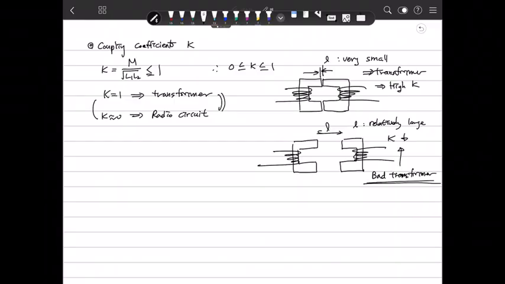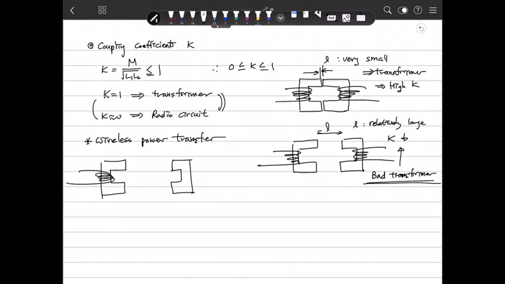But what is wireless power transfer? In the wireless power case, they make a huge gap between the cores, with primary and secondary windings, and they add capacitors in this manner. It could be series or parallel; there are many topologies. Because of that, they make K very high.